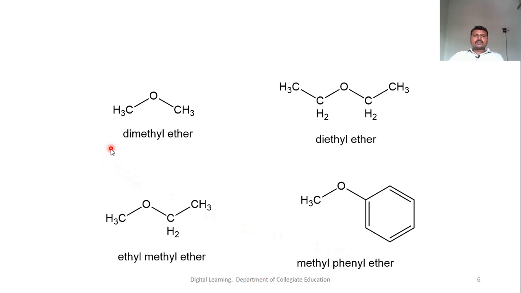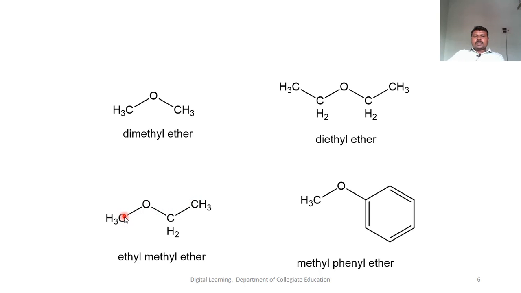In the common system, this compound is named as dimethyl ether because the oxygen atom is attached to two methyl groups. In the second example, the oxygen atom is attached to two ethyl groups, that's why this is named as diethyl ether. This is a mixed ether where the oxygen atom is attached to a methyl group and an ethyl group.